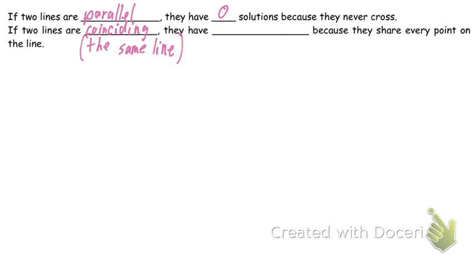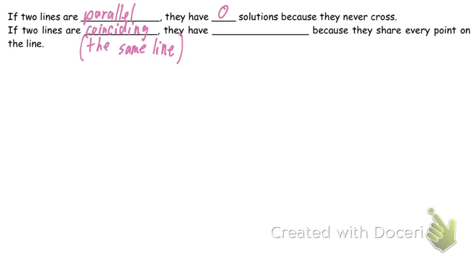Now, if they're the same exact line, like let's say I take the very bottom red stripe on a flag, and I ask, how many times does it intersect with this same stripe? Do they share every single point? Do they share every single spot on the line? They would.